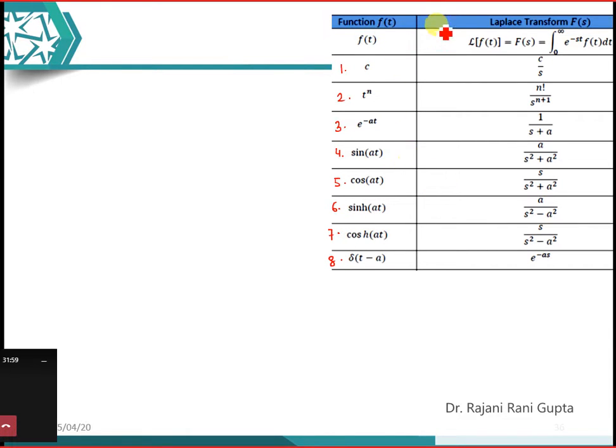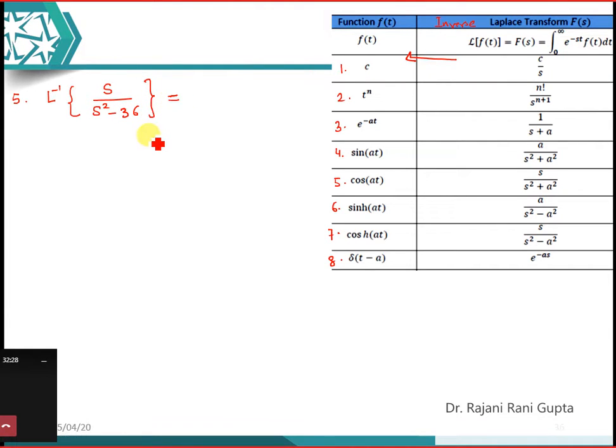Remember, in inverse Laplace transform, we have to start from right to left. We are looking for the functions in the second column. So let's take another example. Say Laplace inverse of s over s square minus 36.